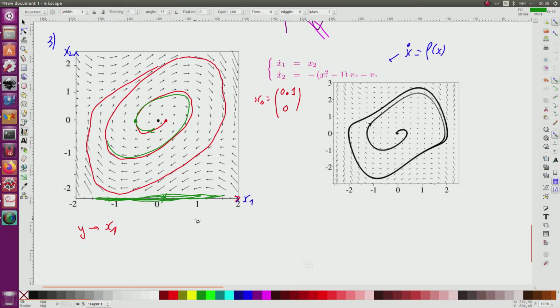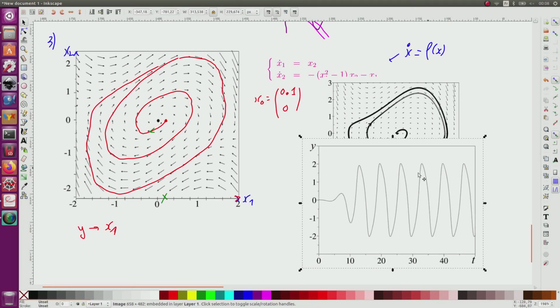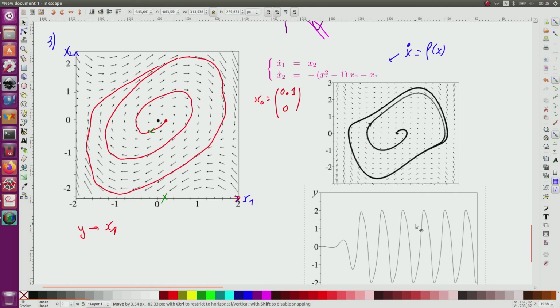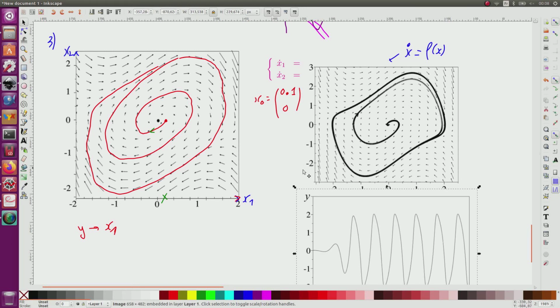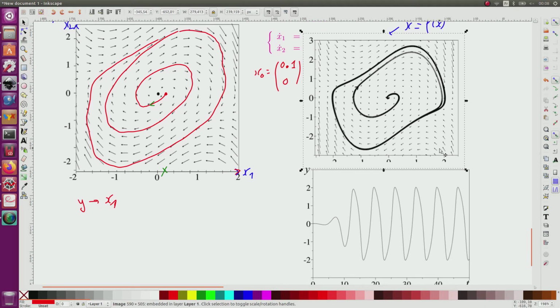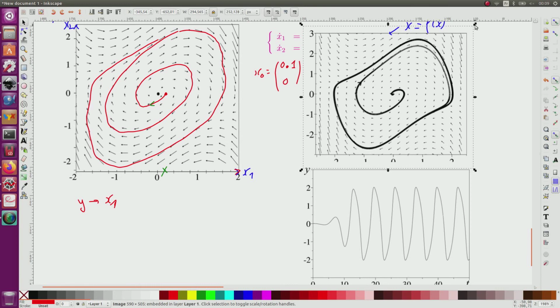And if I draw with respect to time, we can understand that I will obtain something like this. Okay, so I will try to explain. If I start here, we can see that x1, corresponding to y, is small, almost 0.